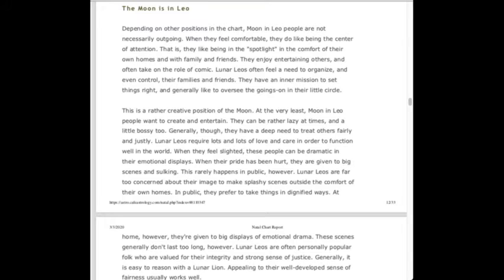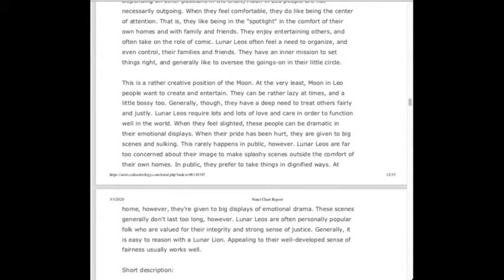Lunar Leos are often personally popular folk and are valued for their integrity and strong sense of justice. Generally, it is easy to reason with a lunar Leo, appealing to their well-developed sense of fairness. That usually works well.